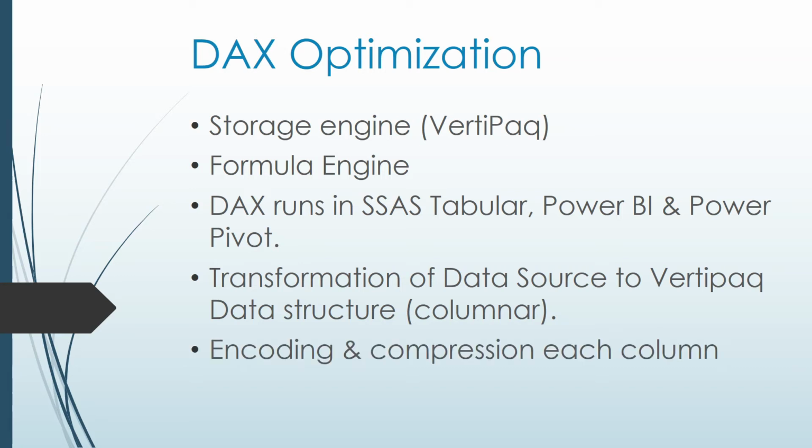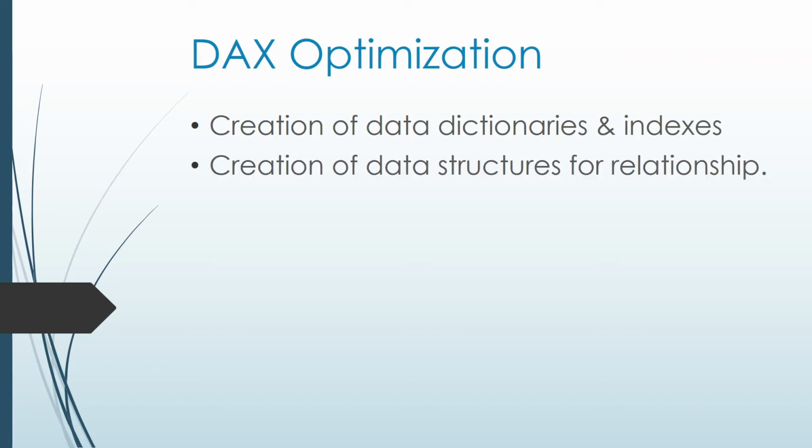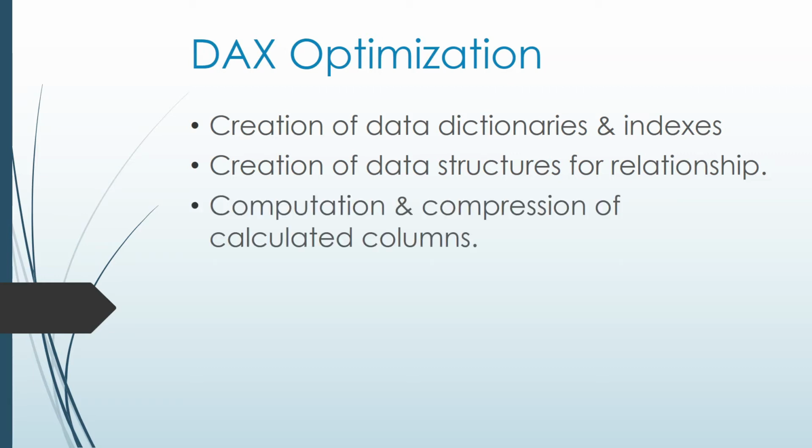So how it will do the encoding and compression. There are different compression techniques. And then we will learn how to create data dictionaries and indexes, the creation of data structures for a relationship, and how we can perform the computation and compression for the calculated columns.